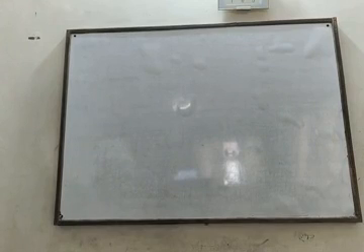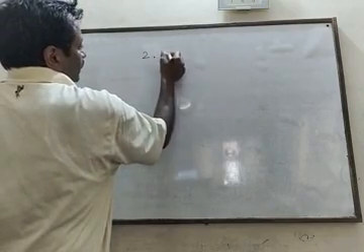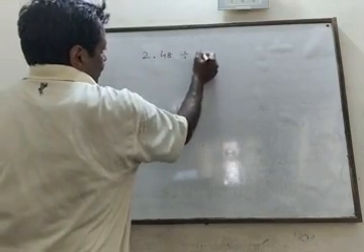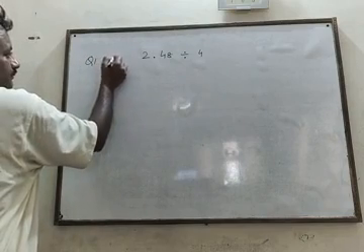In question number 1, the divisor does not contain a decimal, so we will divide directly. I am doing the third part: 2.48 divided by 4. 2.48 divided by 4, question number 1, third part.